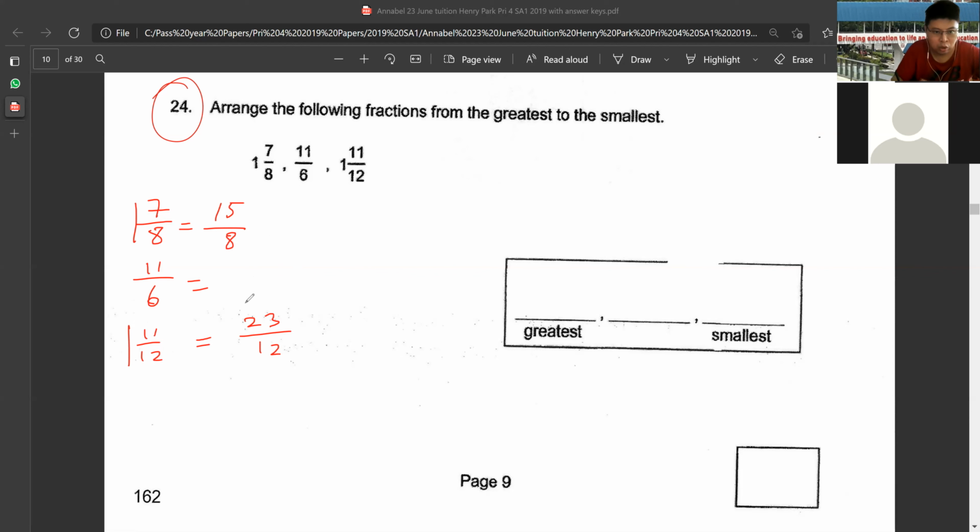Can I compare or cannot? Still no, right? What must you do? Put same denominator. Okay. So what is the common denominator? You can put the lowest common multiple of 6, 8, and 12.